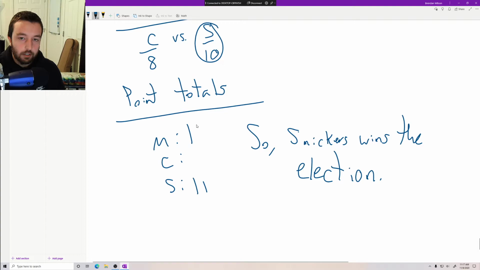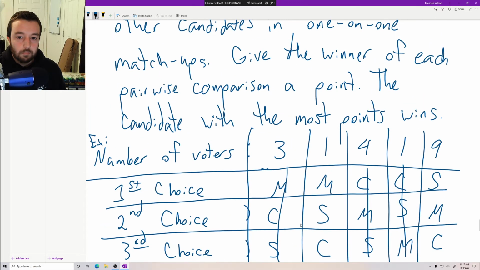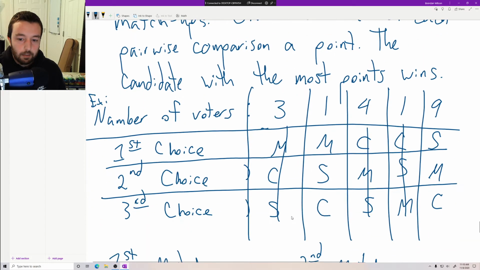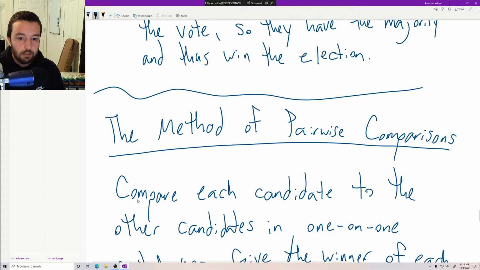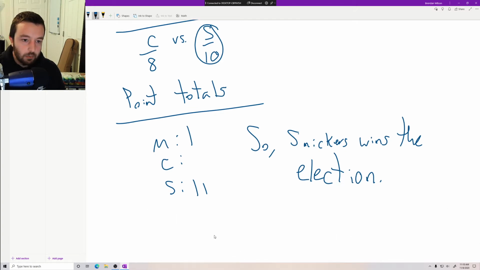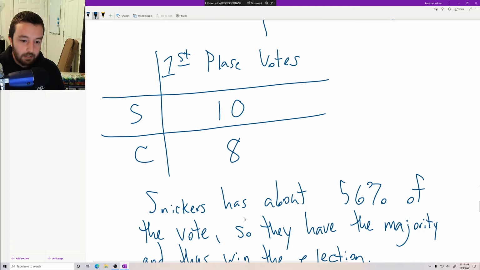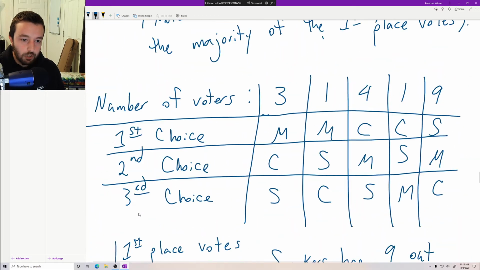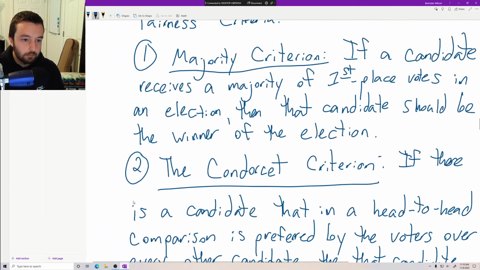Snickers winning is a good thing for our fairness criterion, right? Because we basically said the person who gets the most votes should win, which was Snickers in this example. If we just do a recap of all the different voting methods, Snickers wins the head-to-head matchup. Snickers won the sequential runoff method.